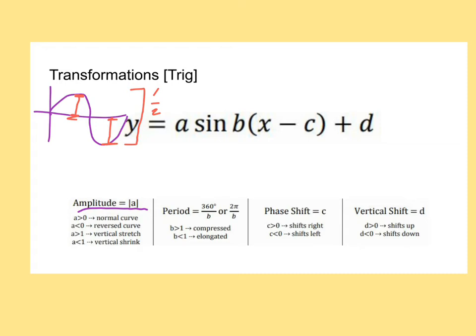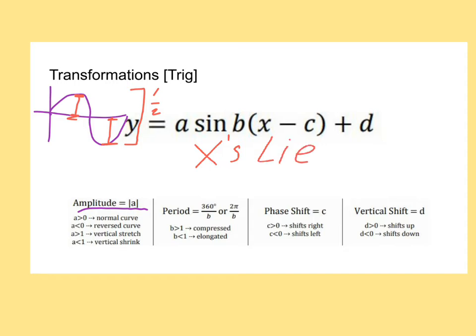Phase shift. This is what we called our horizontal shifts. Now, bear in mind, our phase shift, or horizontal shift, is acting on the x value. And just like that B value, the B and the C values here, just like they were in the previous unit, fall under the rule that the x's lie.